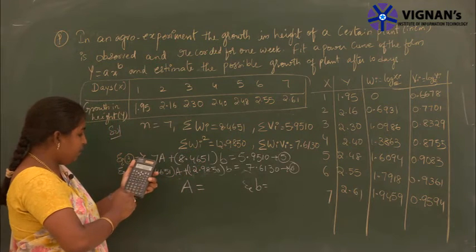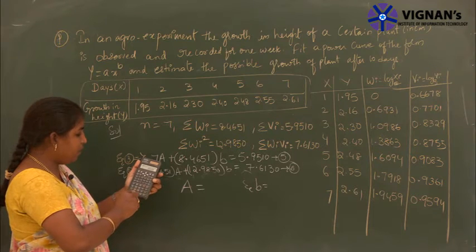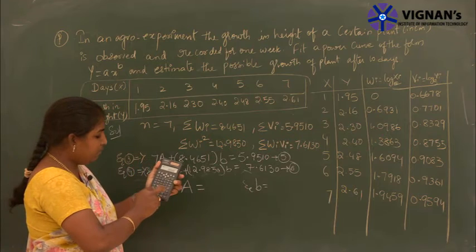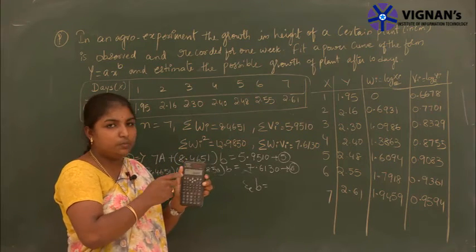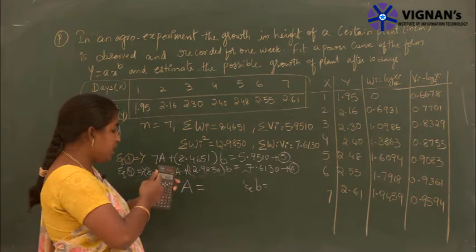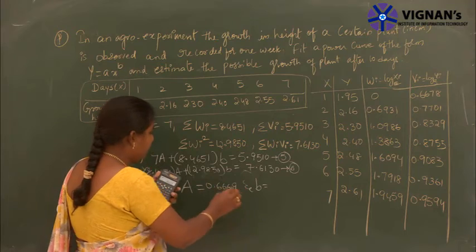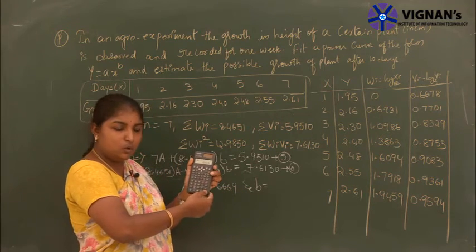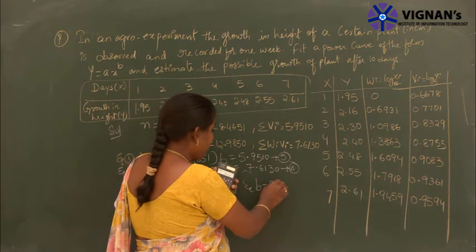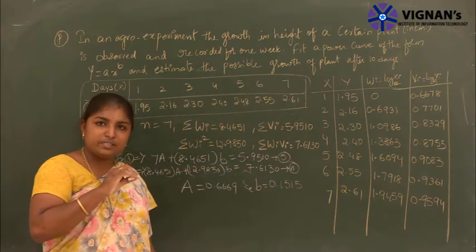Next 8.4651, 12.9850, 7.6130, equal to. We get x, here the unknown is A, 0.669. Next press equal to again, we get b, 0.1515.